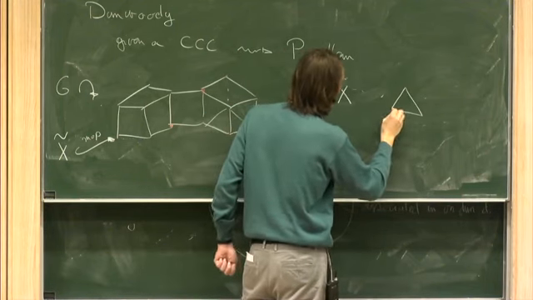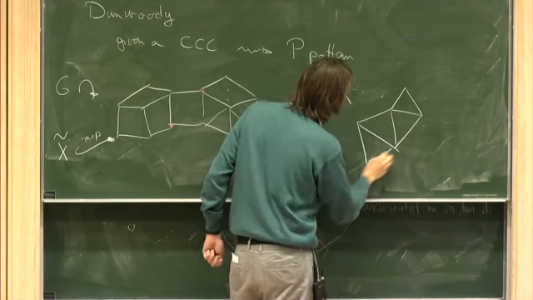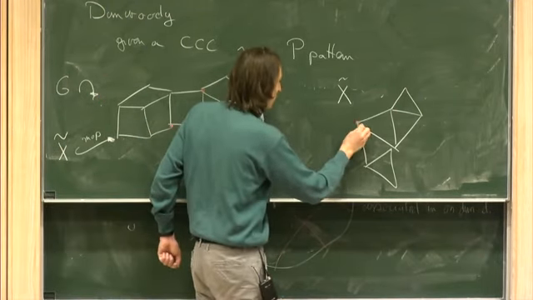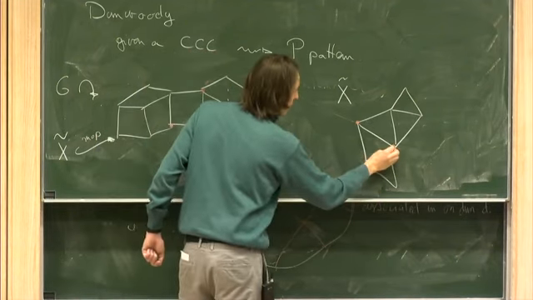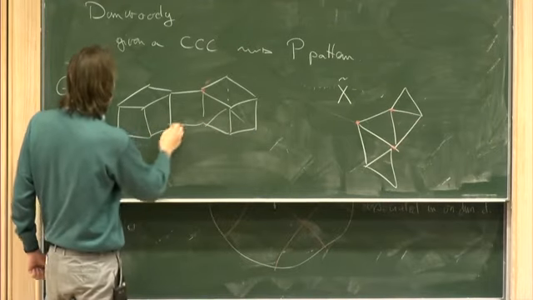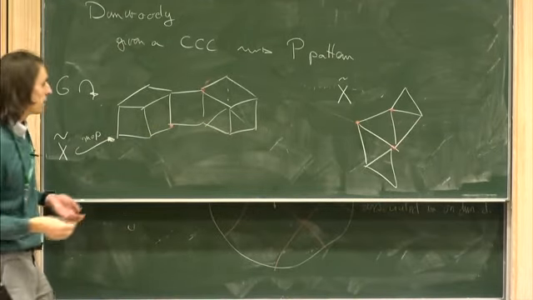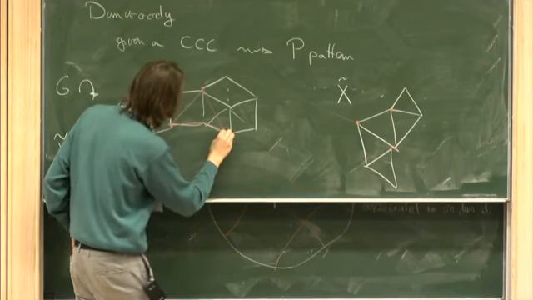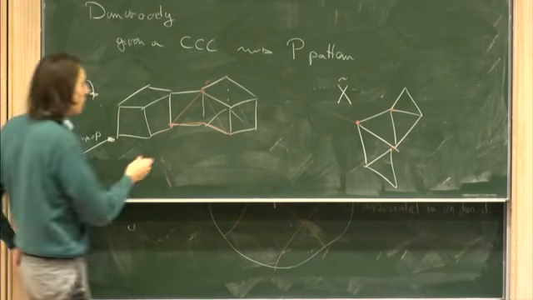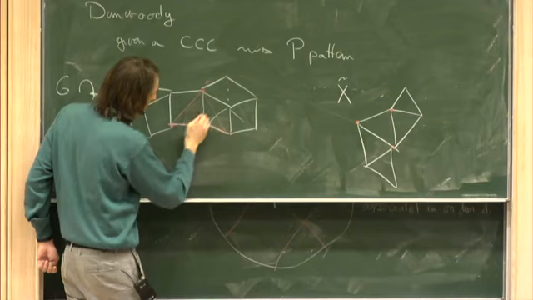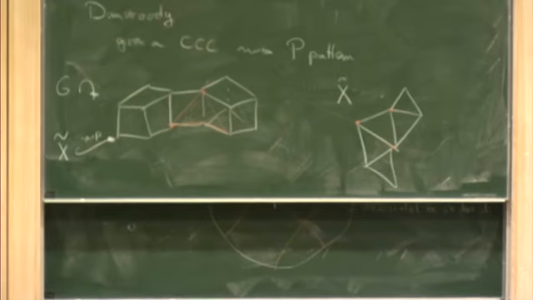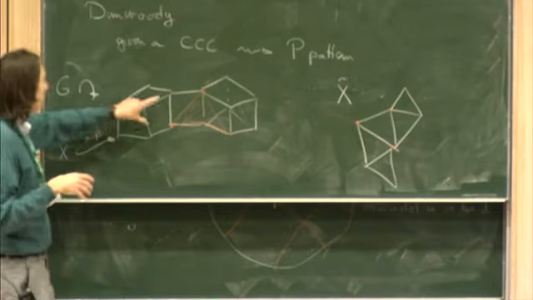So I have my simplicial complex, which is the presentation complex of G. I decide to send those three vertices to those three vertices, and then I just connect them in a natural way, and I can extend it to the whole presentation complex.